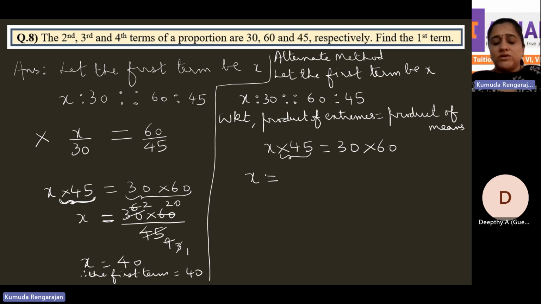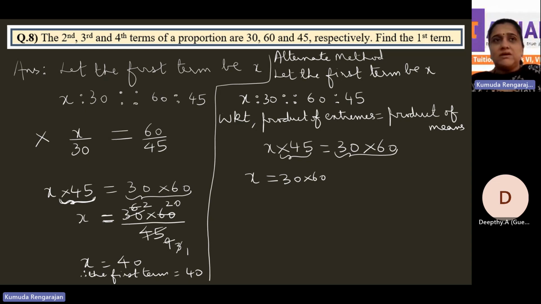So for that, what you need to do, x is equal to, write whatever is here. On the RHS, there's already 30 into 60. You must write that first. Somebody's already there, so write them first. Then you take whoever you want to the other side.